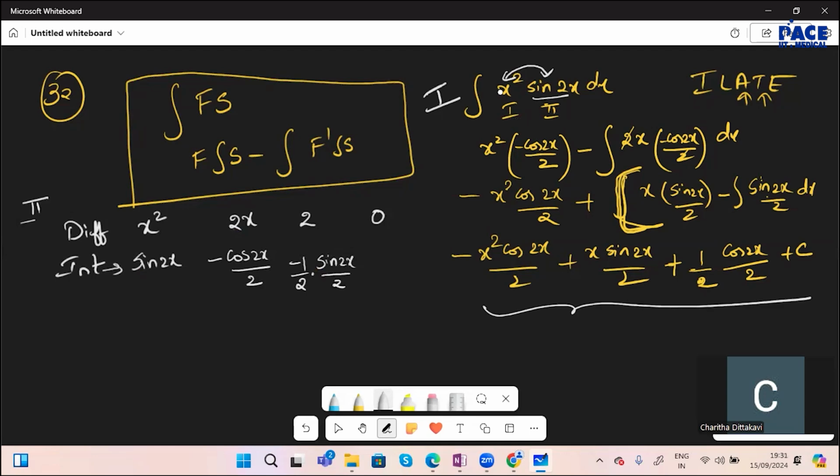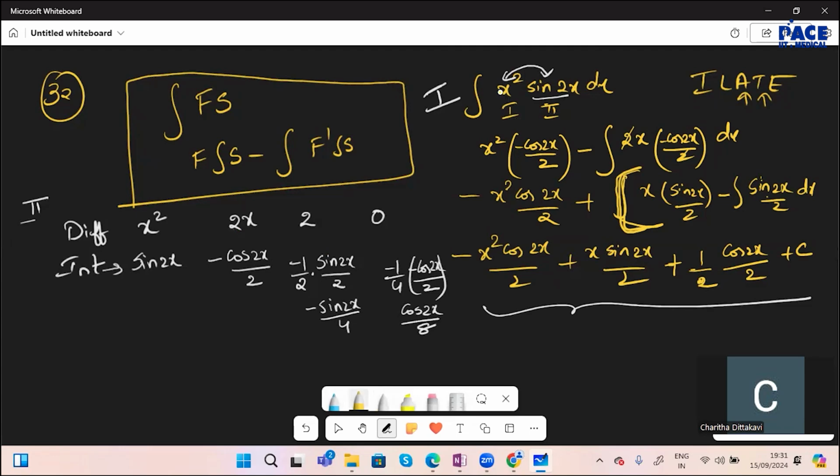Now finally, what is it? Sine 2x, this is nothing but minus sine 2x by 4, right? Now the integral of this is minus 1 by 4 into, what is the integration of sine 2x? That is nothing but minus cos 2x by 2, which finally I end up with cos 2x by 8 here. Understood?